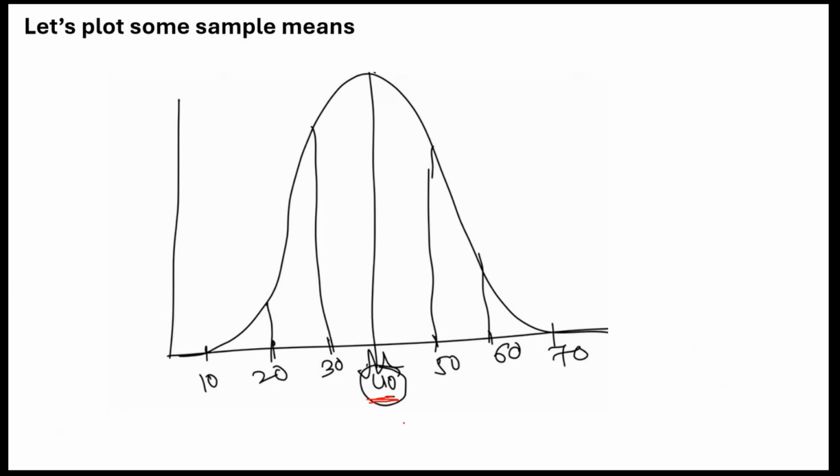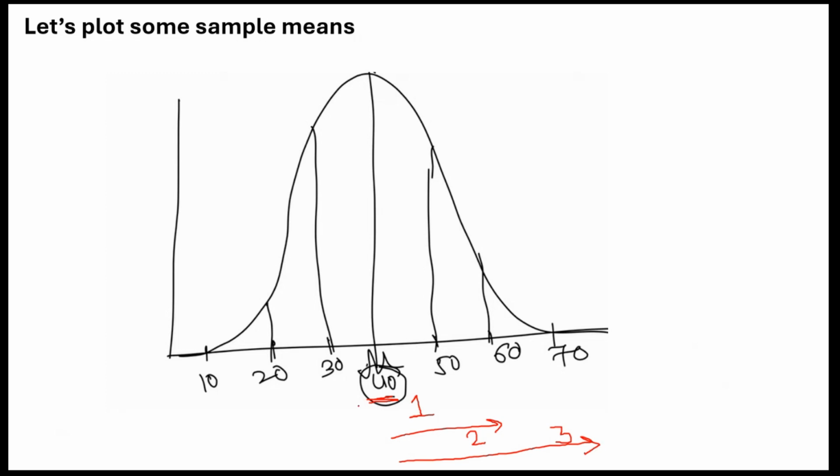The values from 40 to 50 will be one standard deviation away from the mean. From 40 to 60, it will be 2 standard deviations away from the mean, and from 40 to 70, it will be 3 standard deviations from the mean.